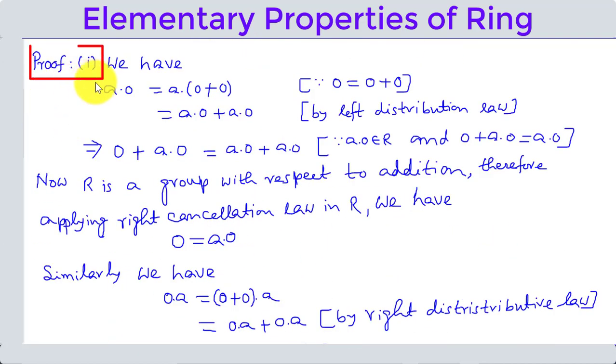Proof 1. We have a dot 0 is equal to a dot 0 plus 0, since 0 can be written as 0 plus 0. This is equal to a dot 0 plus a dot 0 by left distribution law.